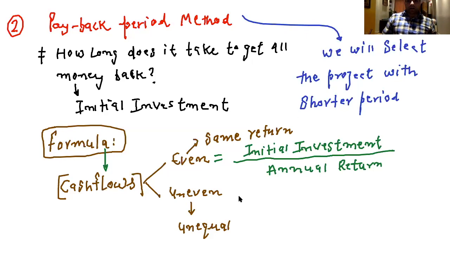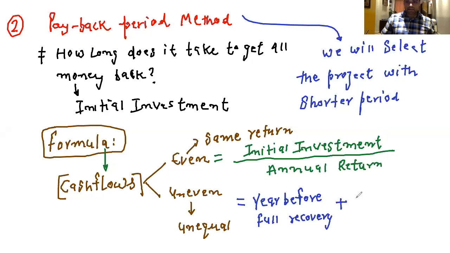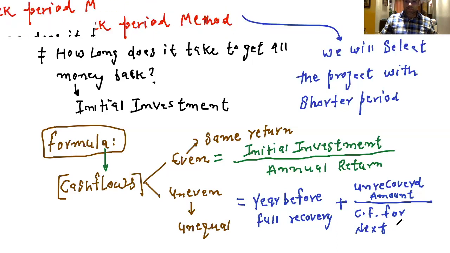And now the uneven cash flows formula. The formula is: year before full recovery, plus, in the same year, the unrecovered amount, you can call it unrecovered cash flows or unrecovered amount, anything you want, divided by the cash flows for next year.